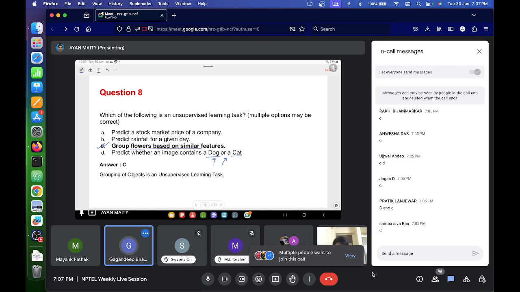Sir, in earlier questions there was a question in which we were asked about supervised learning task. Yes. So there is an option that predict the temperature of a day. Yes. But that was incorrect. So that would be... No, that was classification problem. The question was which of the following is a classification problem.